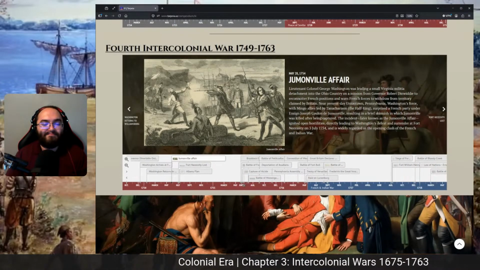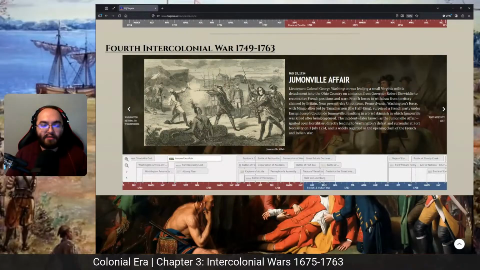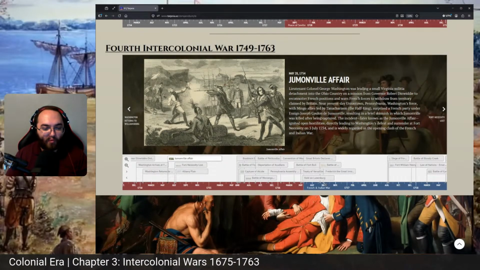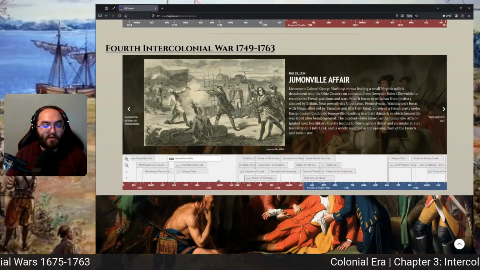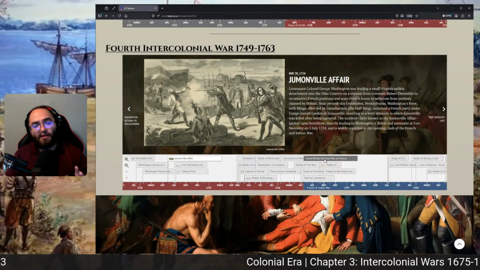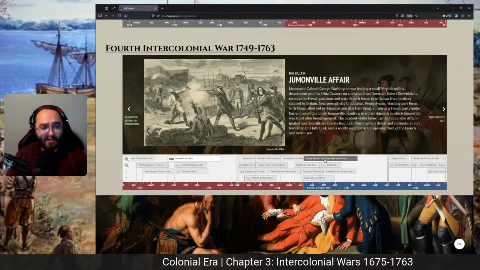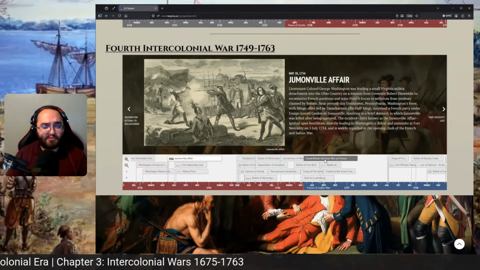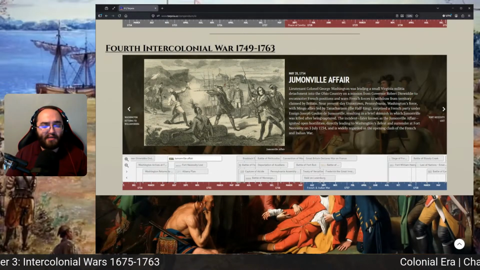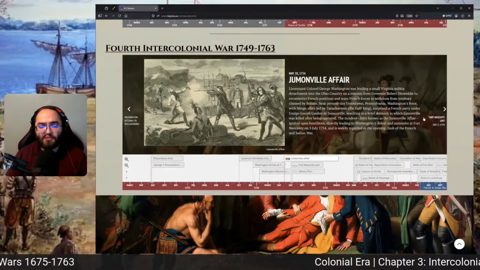And it's not really the start of the French and Indian War, because the Jumonville Affair happens in 1754. The French and Indian War does not begin, at least officially, until 2 years later, and I'll get to that declaration of war pretty soon.